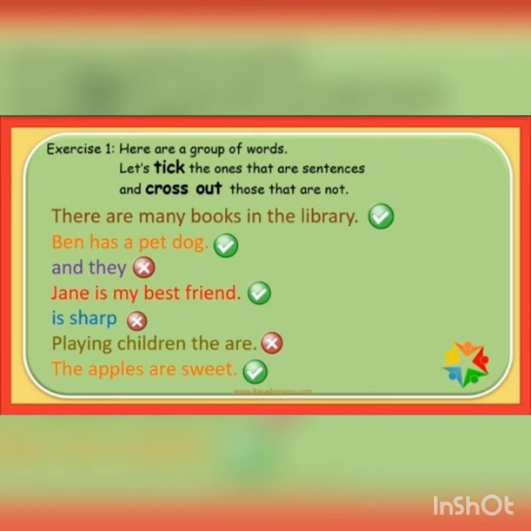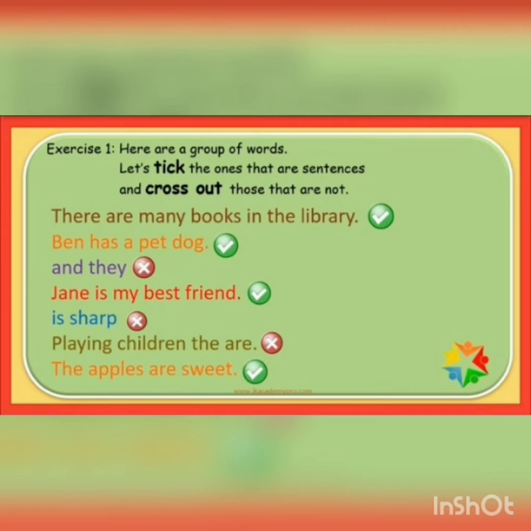Why? Because these sentences give you a complete meaning. And as we said, when we are writing, we should start with a capital letter and end with a full stop. See in these examples, T capital, B capital, J capital and the like. The A in apples also is capital. So it's a correct sentence.